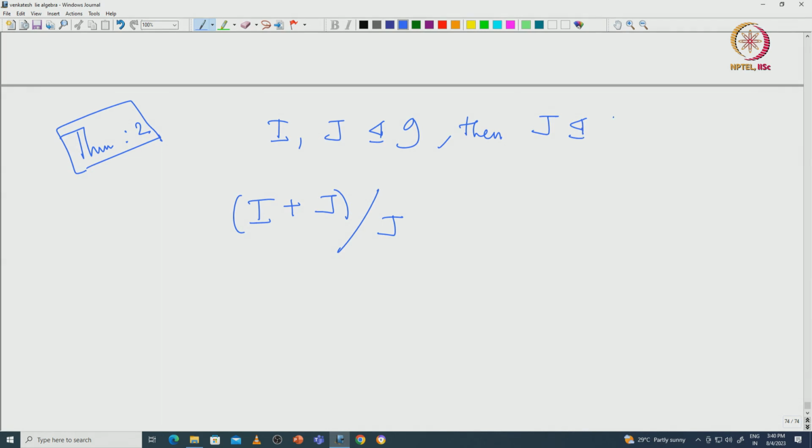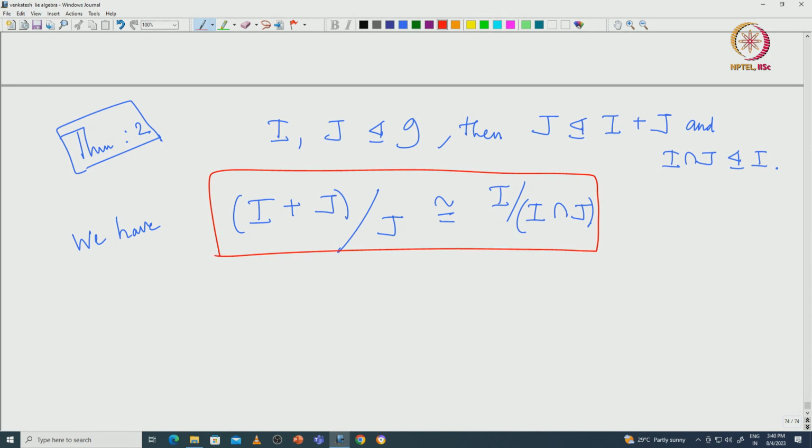Then J is an ideal inside I plus J, and I intersection J is also an ideal inside I, and moreover we can talk about the quotient I plus J modulo J. That must be isomorphic to I modulo I intersection J. So, this is the main part of the theorem.